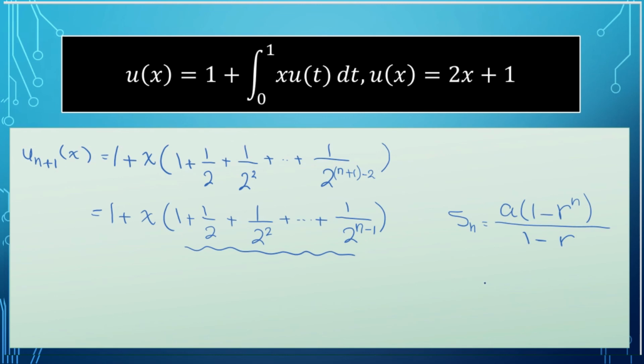Okay, what is a? A is the first term, which is 1, and what is r? R is the base. Okay, when we say half over 1, it will give us half, and then 1 over 4 over half will give us half, and so on.